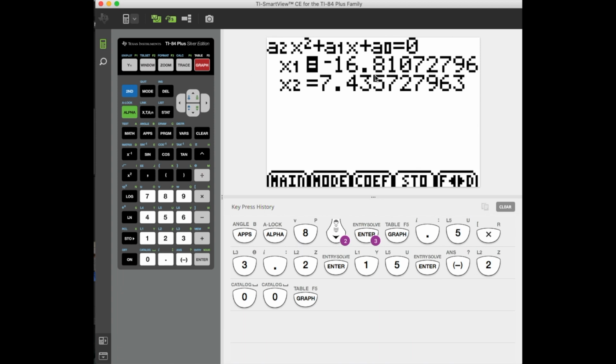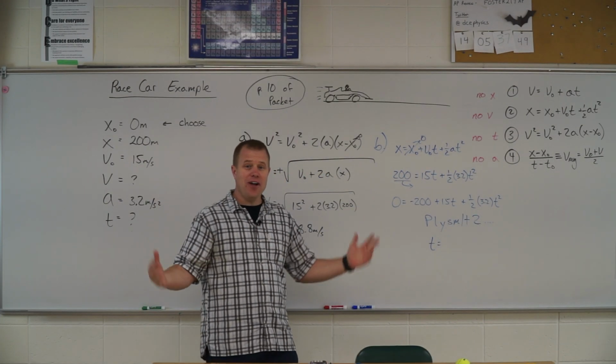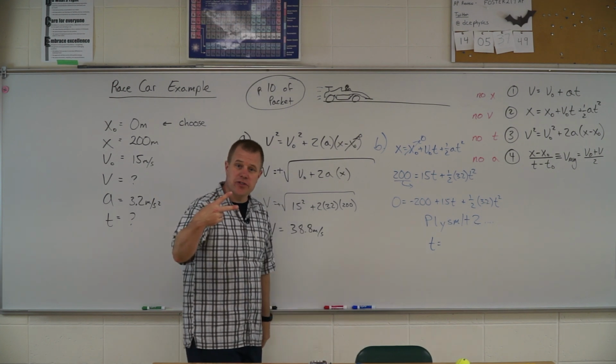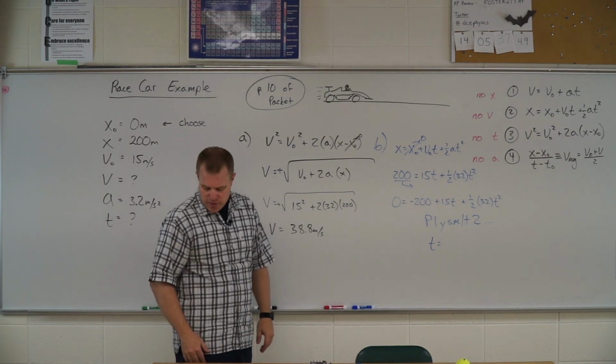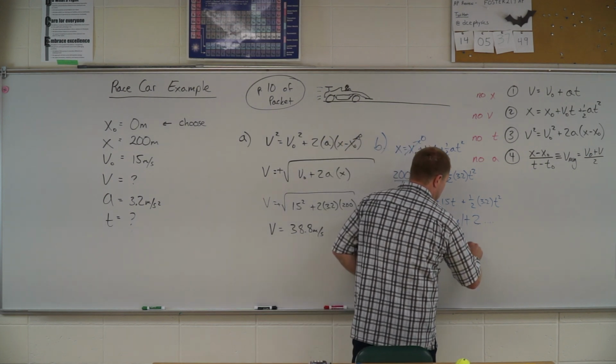And it should come up with two answers, negative 16.8 and 7.4. Of course, we want the positive time. So now we got our answer. Polysmlt 2 is awesome. How about that? We got two answers, and again, we want the positive of the two, so 7.4 seconds is the time it takes.